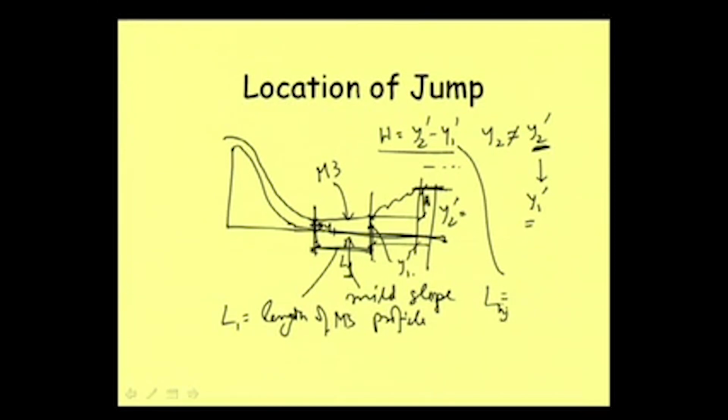This is equal to 6 times of y2 dash minus y1 dash, the height of hydraulic jump. So that way we are getting this length also. So from this point, to what extent the jump will be, the phenomenon of jump will be, we can say that L1 plus Lj. So that way we can know the location of a hydraulic jump.